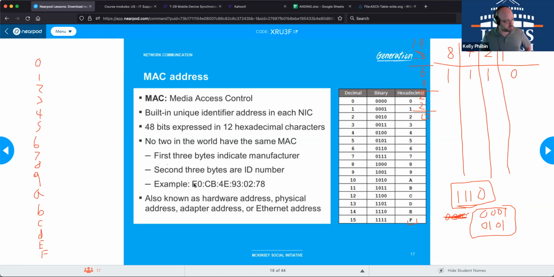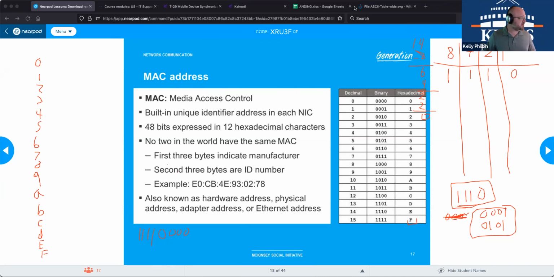These two pieces of information together represent 1 byte. So you would have E, which is 14, so it's 1, 2, 3, 4. And then you have 0, which is 1, 2, 3, 4. So we've now represented it here.